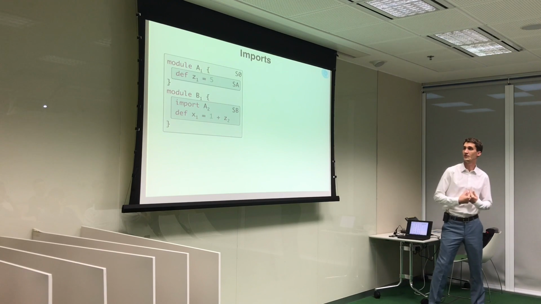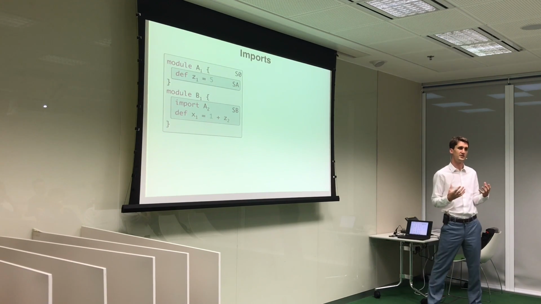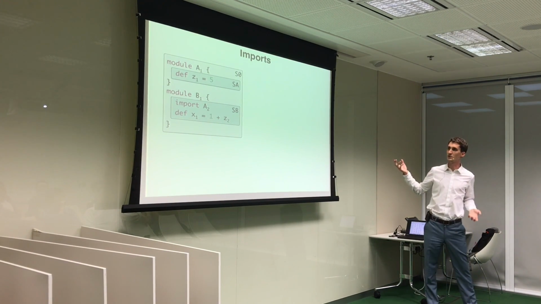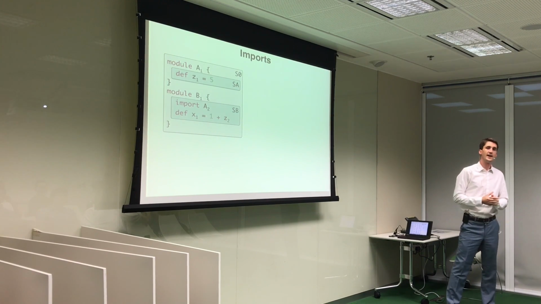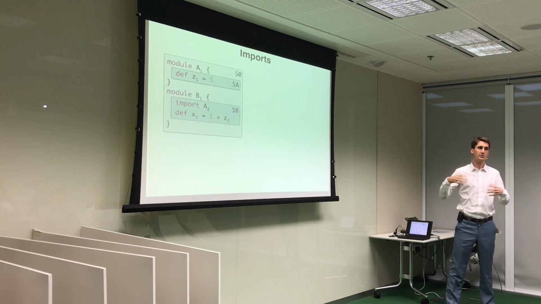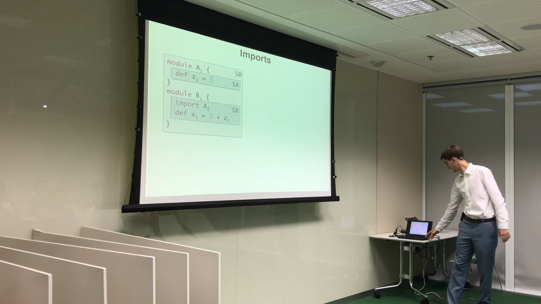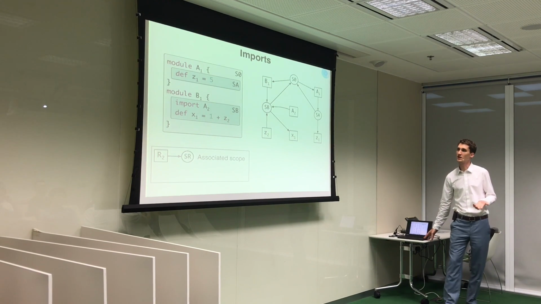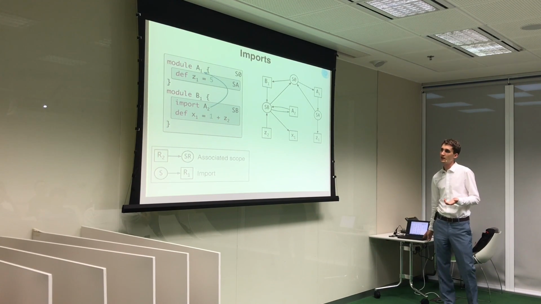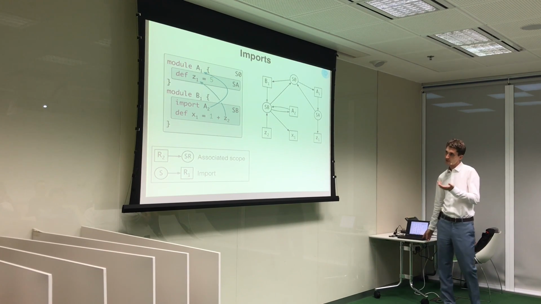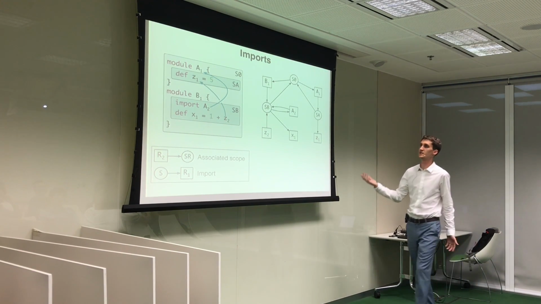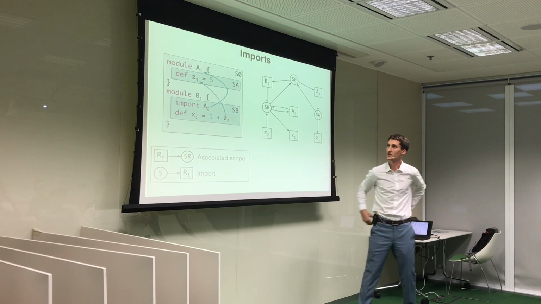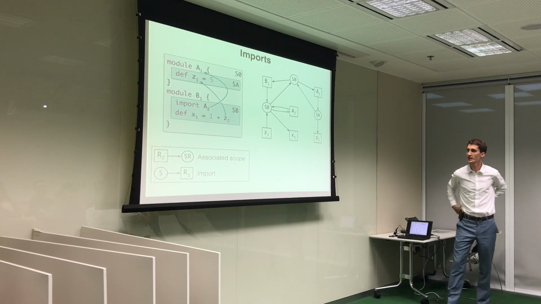So we can also deal with imports. These are OCaml modules, more or less. An import is just a name referencing another set of definitions. And in that case, you have several resolutions, because how do you resolve the z here, the z2 to the z1 that is in the definition of module A?